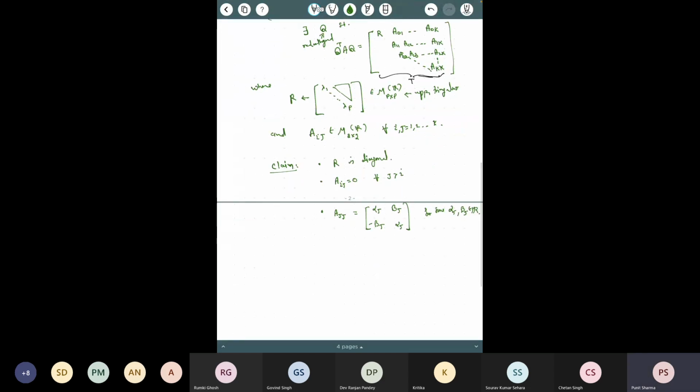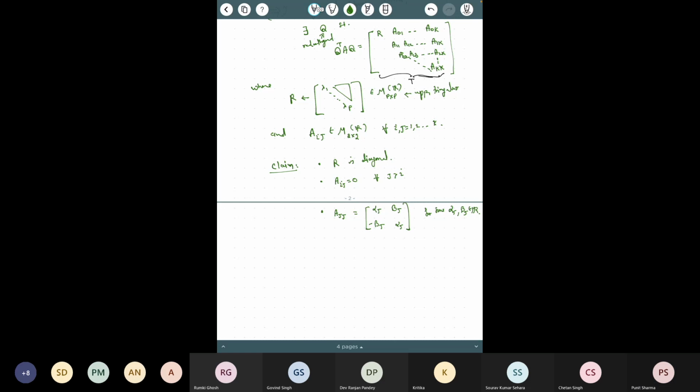So if I do that, then I'm done. Now, how can you show this? I'll just give you some idea for the first part here. The second part follows similarly, and this also you can easily verify for 2 cross 2 blocks. So first I will show that this R is diagonal.